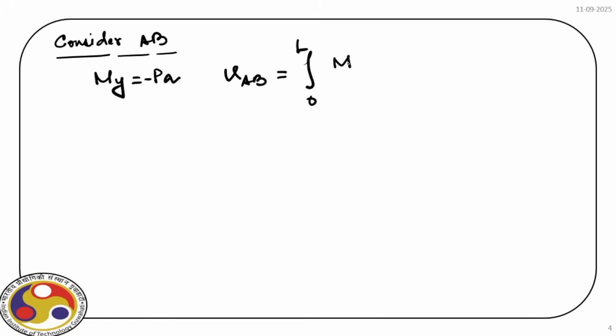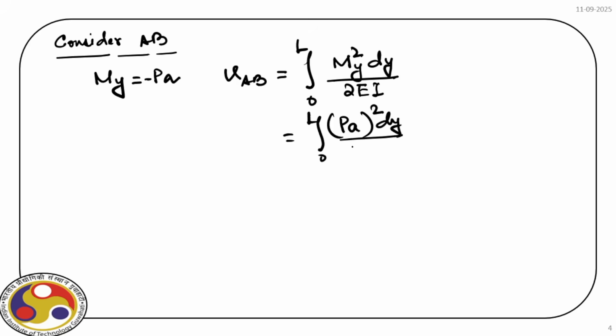So we have M square y dy divided by twice EI. So effectively we have 0 to L PA whole square dy divided by twice EI. That means we have P square A square L divided by twice EI.